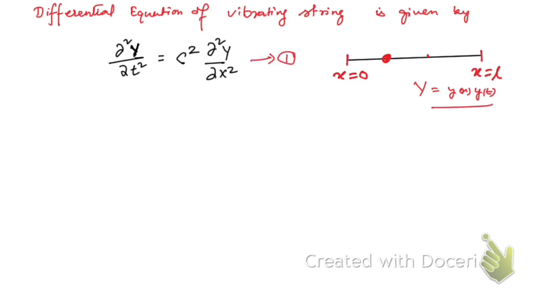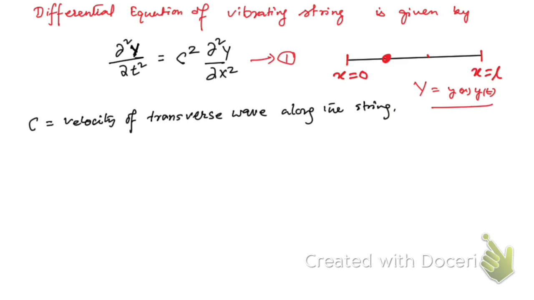This is equation number 1, where c is the velocity of the transverse wave along the string. And we can write capital Y is equal to small y of t into small y of x. Let me write that way, and this is equation number 2.